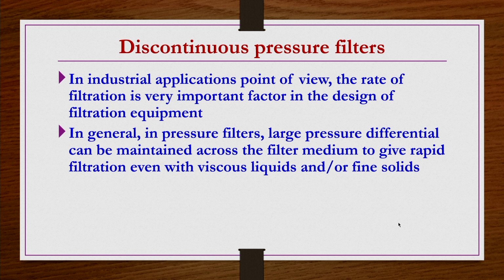So, in general, in pressure filters, a large pressure differential can be maintained across the filter medium, so as to give rapid filtration even with viscous liquids and or fine solids. Why?